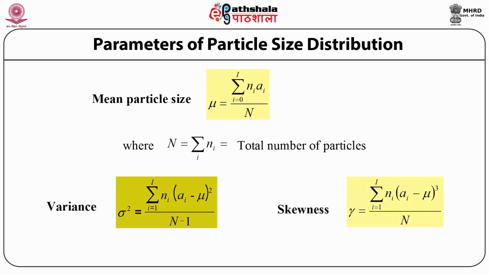Skewness. Skewness is represented by gamma, and gamma is equal to summation, i goes from 1 to I, Ni (Ai minus mu) to the power cube divided by capital N, where capital N is the total number of particles.